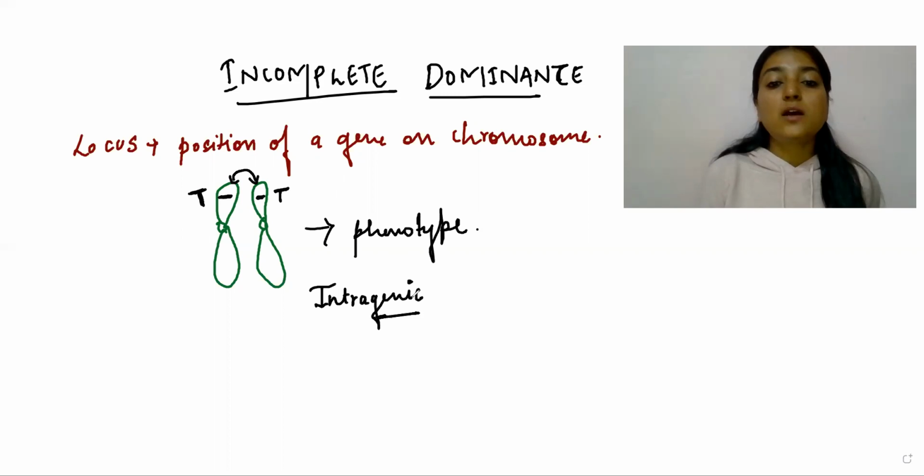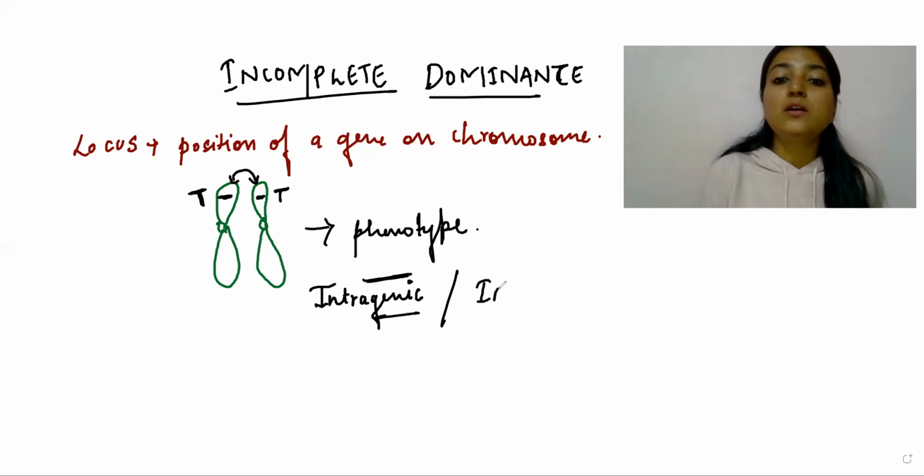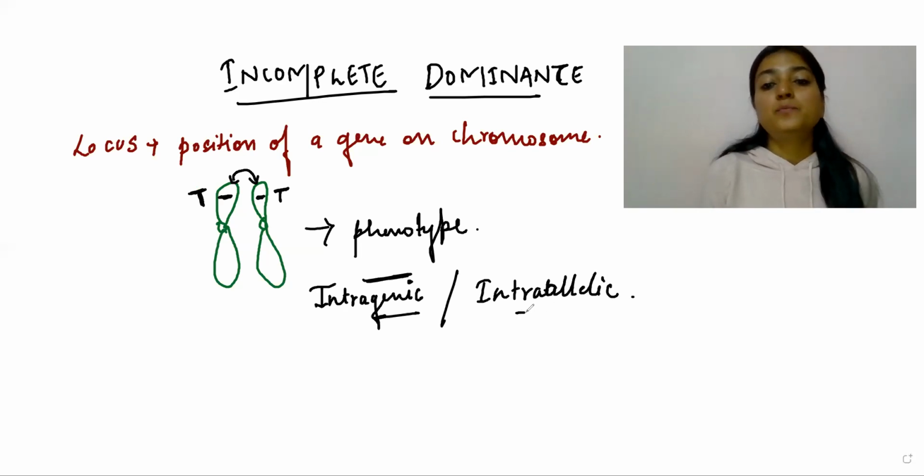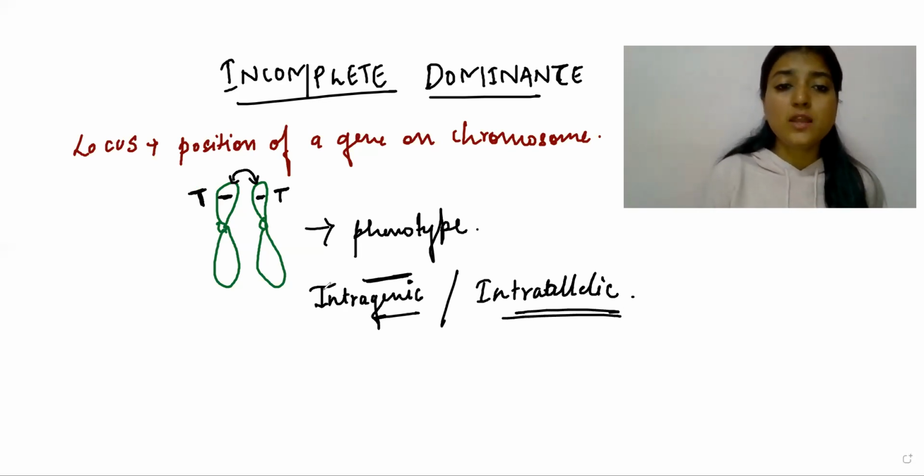So locus is the position of a gene on the chromosome, and intragenic means interaction between two alleles, which we can also write as intraallelic.